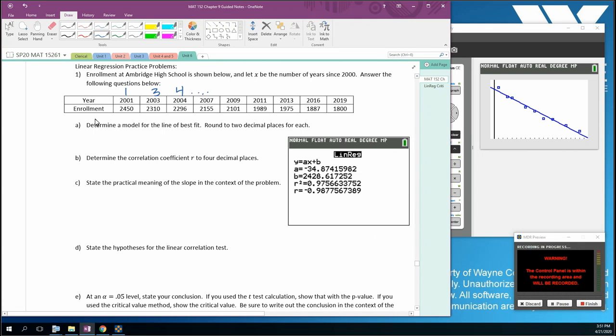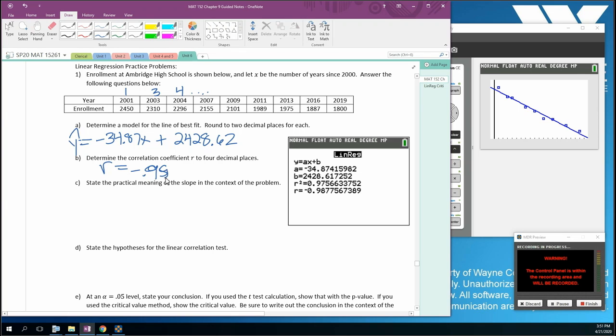So the model for best fit, y hat, is going to be negative 34.87x plus 2428.62. Now r in this case is actually going to be negative, is negative 0.9878.